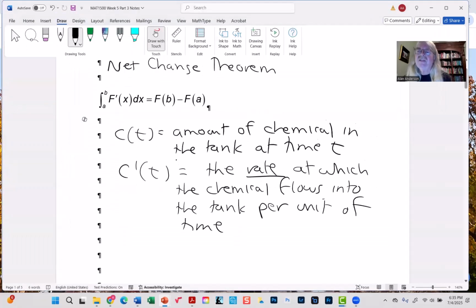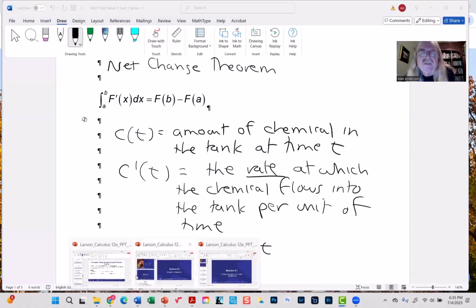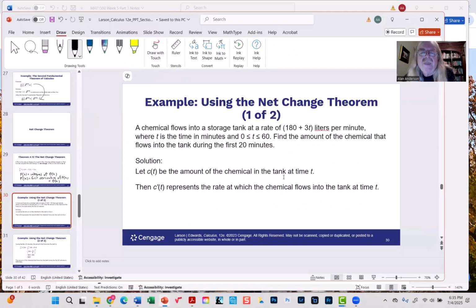In other words, that's C prime of t. Maybe it wasn't as clear as it could have been, but the rate of flow means that's our C prime of t.